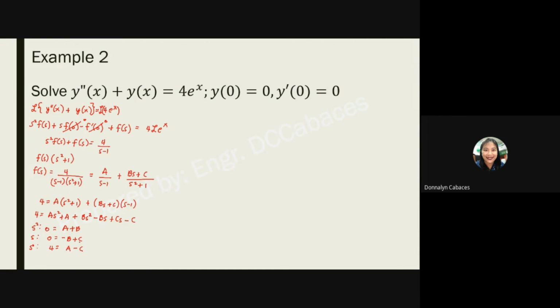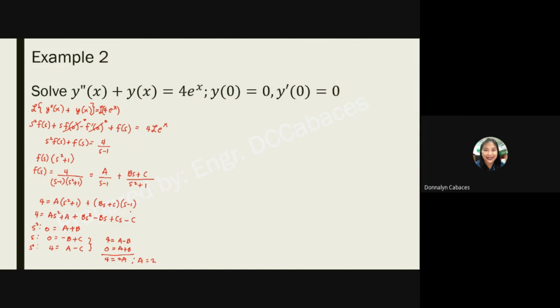Then we have three equations, three unknowns. So we try to find the values of A, B, and C. Let us combine these two. When you add the 2, you have 4 is equal to A minus B. And then we equate it with the first equation, 0 is equal to A plus B. Therefore, you have 4 is equal to 2A and A is equal to 2.